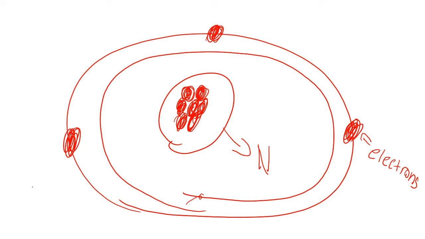Now inside here we have multiple protons and neutrons. The protons have a positive charge, so you should label them with a plus symbol. Now the neutrons have no charge. You can label this with really anything that differentiates.